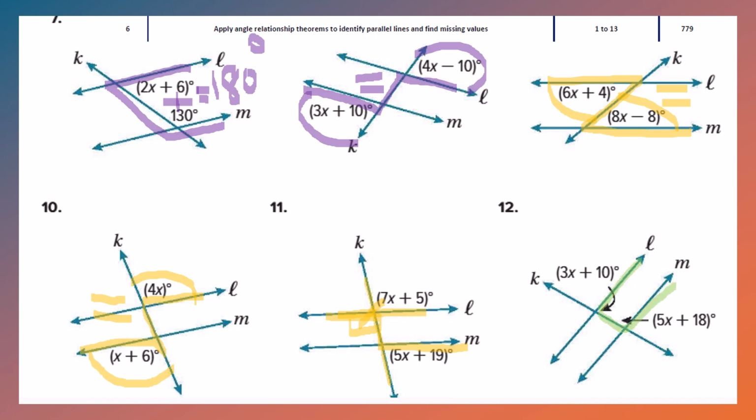And as I shared with you earlier on, when you add the values of both these angles and substitute the value of X, when you add them, and if it is equal to 180 degrees, then we know that they are co-interior angles, and therefore line L will be parallel to line M.